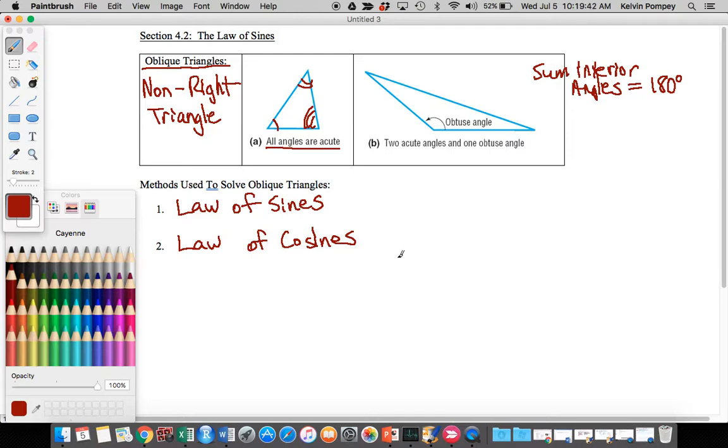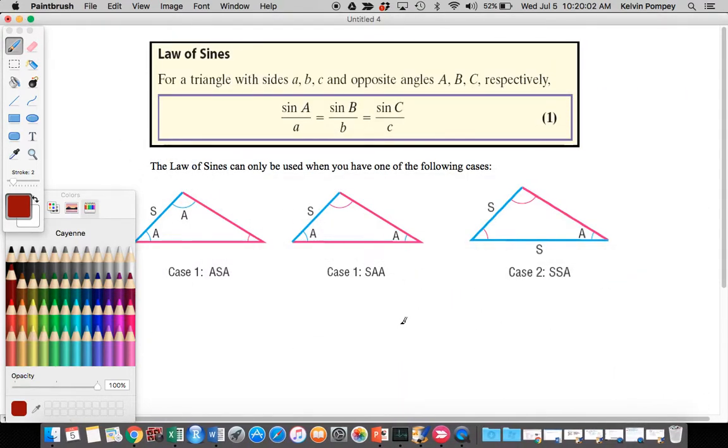Like if I give you two or three pieces of information, you should be able to use that information and the fact that you have an oblique triangle to solve those triangles with these methods here. So let's look at the law of sines a little bit more clearly.